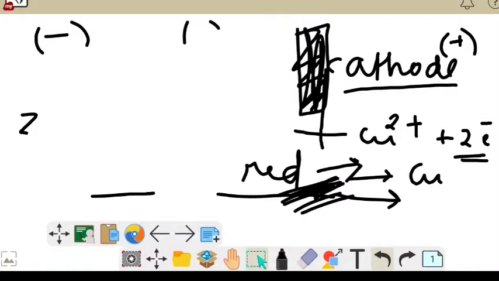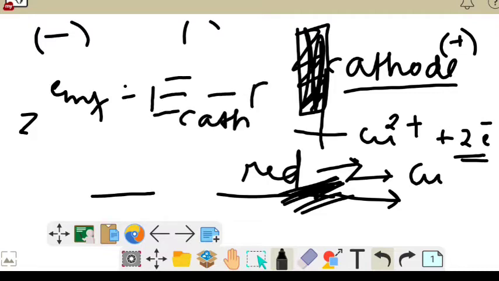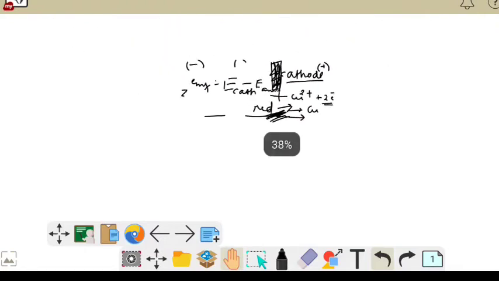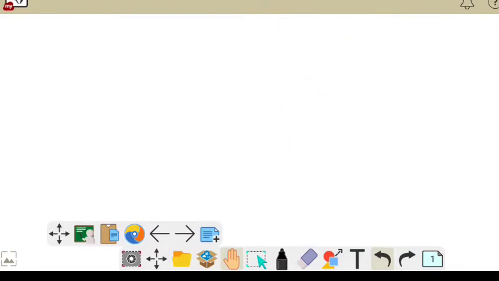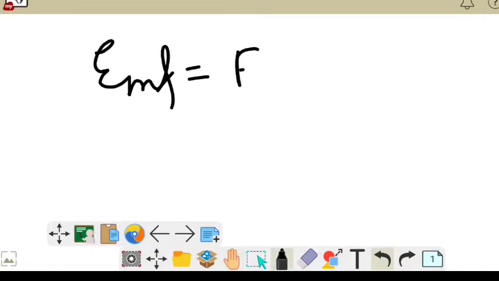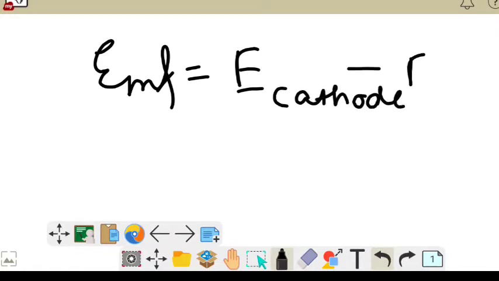So now you see one thing here, EMF. EMF is calculated by E cathode minus E anode, meaning the difference in the electrode potential.